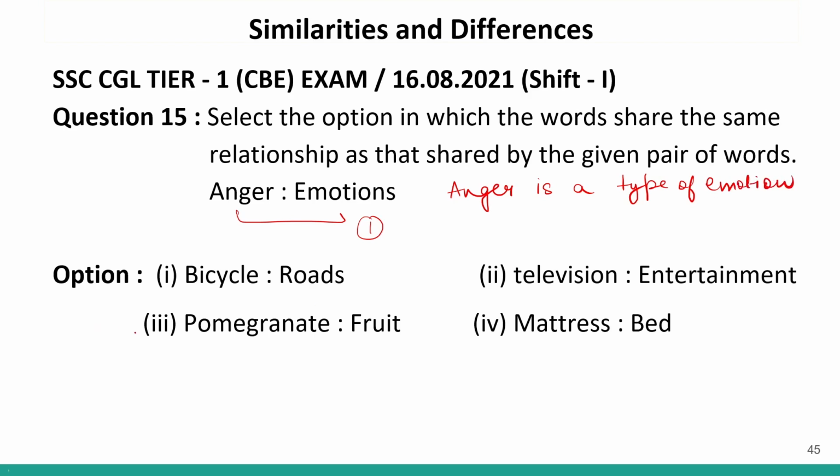Similarly, out of all the 4 options, in option number 3, I can say that pomegranate is a type of fruit. So only option number 3 follows the same logic.